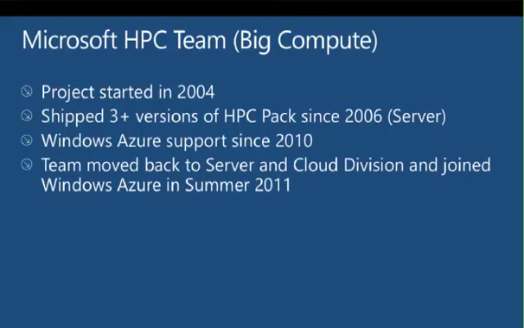And we recently actually ran a large simulation in Windows Azure with 50,000 cores, and we haven't even gotten started with the experiments yet. So there's a lot of exciting new development in large compute or big compute at Microsoft.